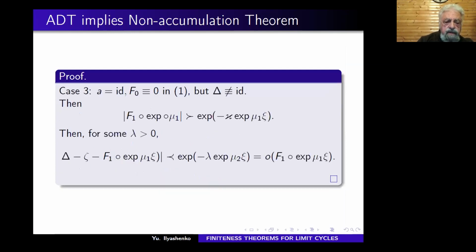And the same scheme is in the third case. The difference between delta and A will have a leading term like this. It will exceed this double exponential, and all the remainders will be smaller than this double exponential, so incomparable with the main term.